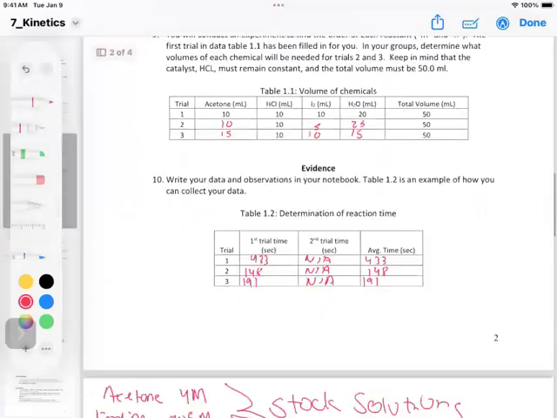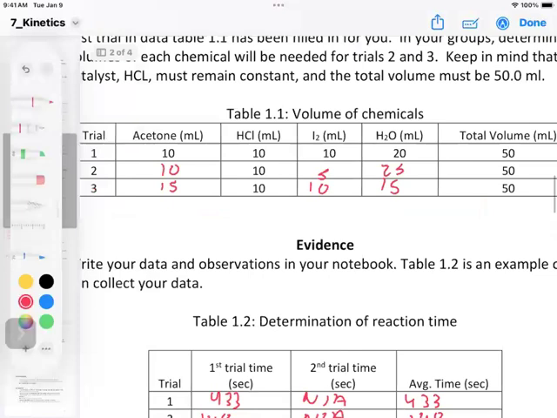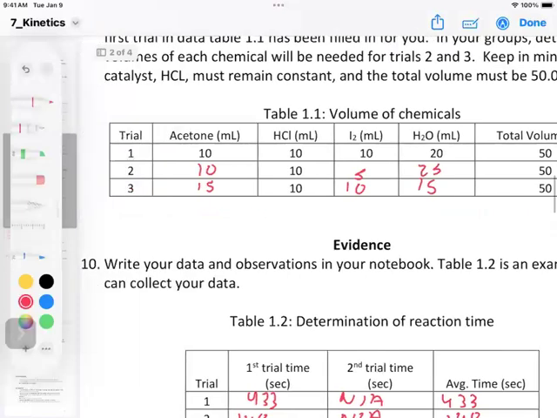We need to go back to our table and see which two trials have acetone changing, but everything else being the same. That would be 1 and 3.